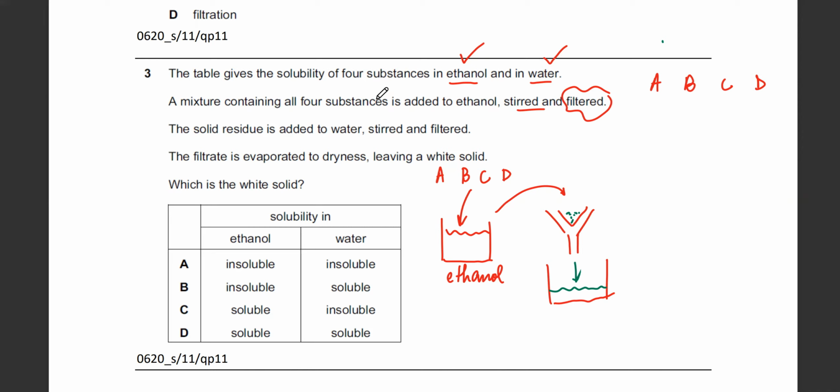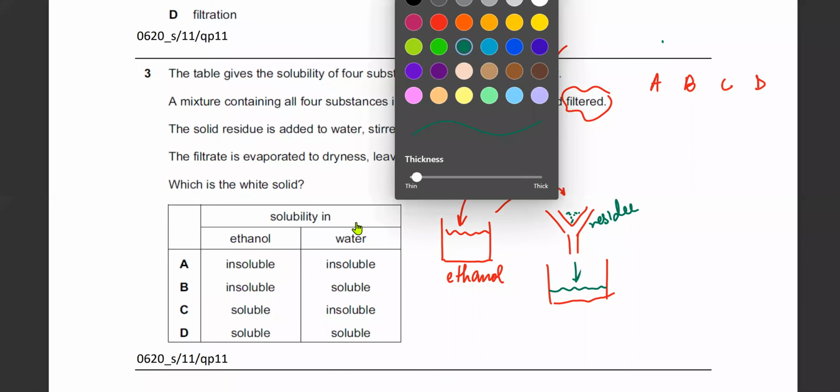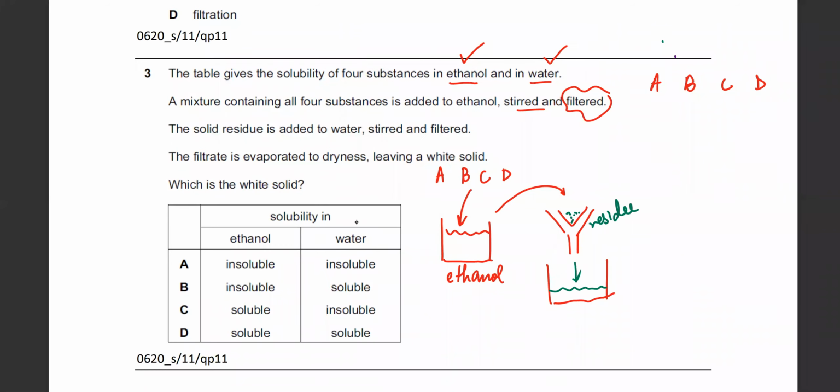So that's the first step. This is known as the residue. And then he says the solid residue is added to water, stirred, and filtered. So he takes the solid residue, takes another beaker, adds it to water, and he stirs it and he filters it again.